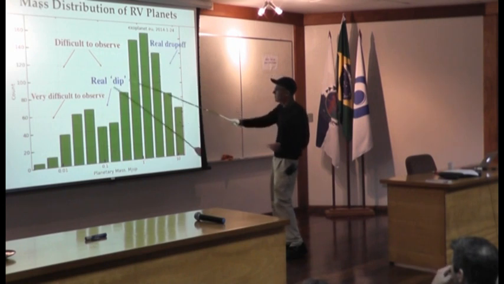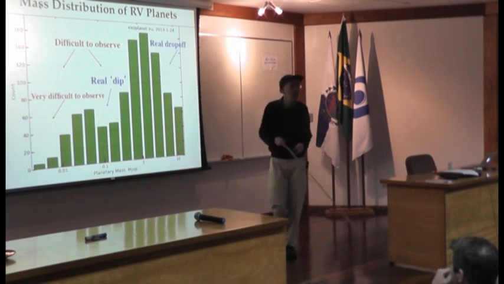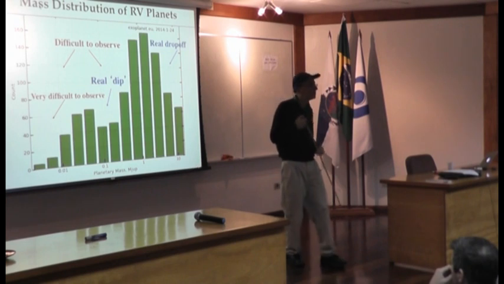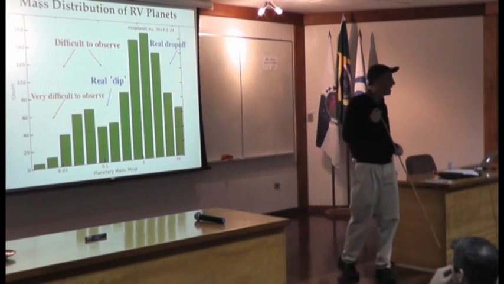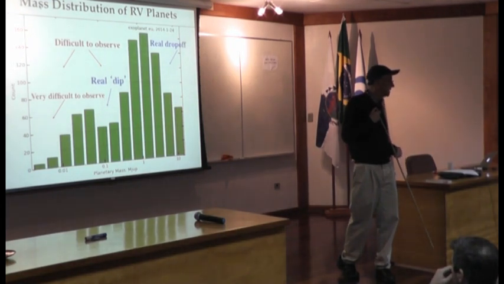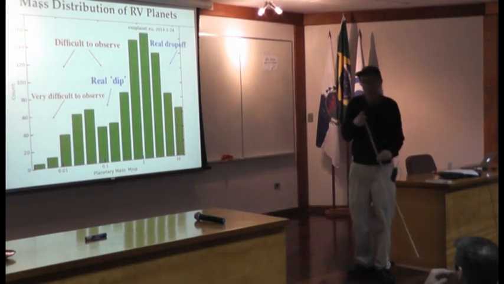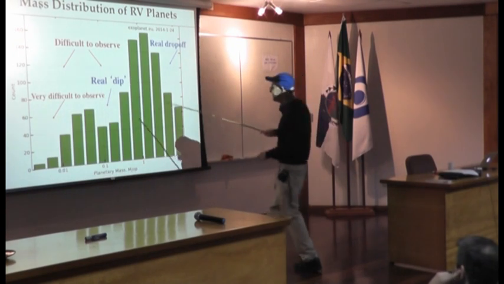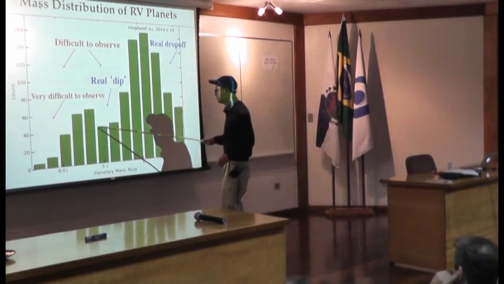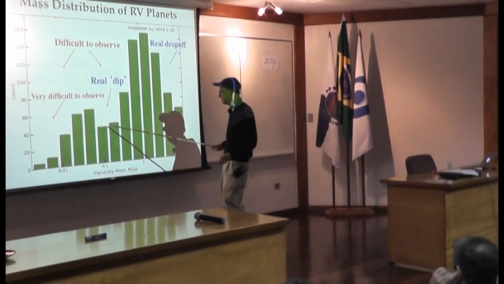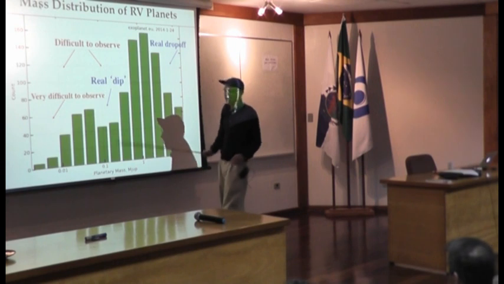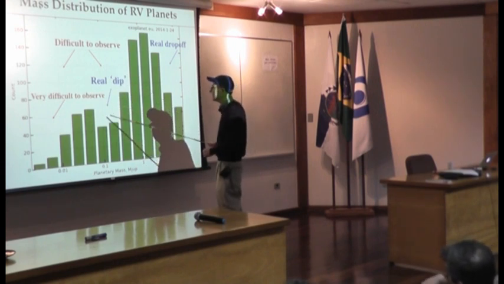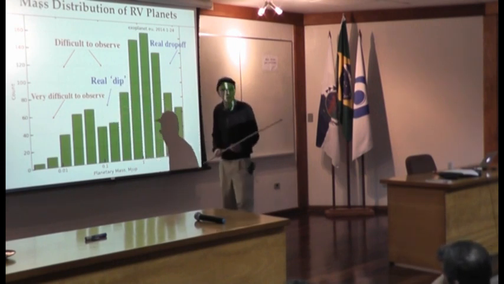So if we just had a drop-off here, it would be difficult to know how much is real and how much is observational selection. But this dip here, and then going up, these are difficult to detect compared to these, but they're easy to detect compared to these. So there clearly must be a real dip there.